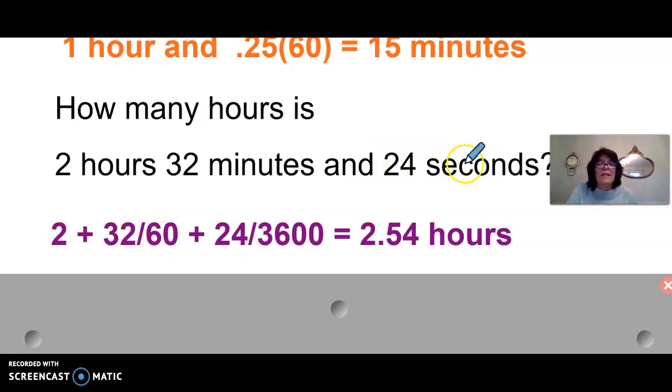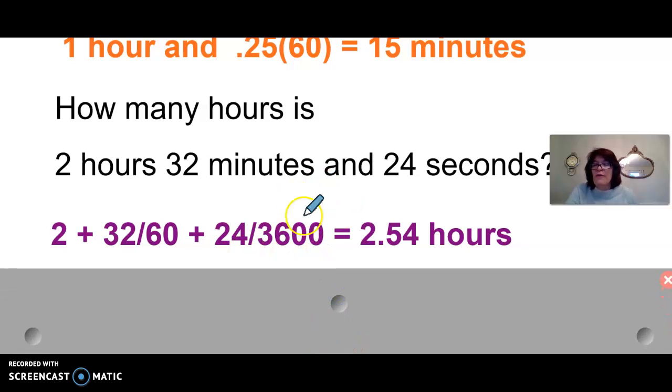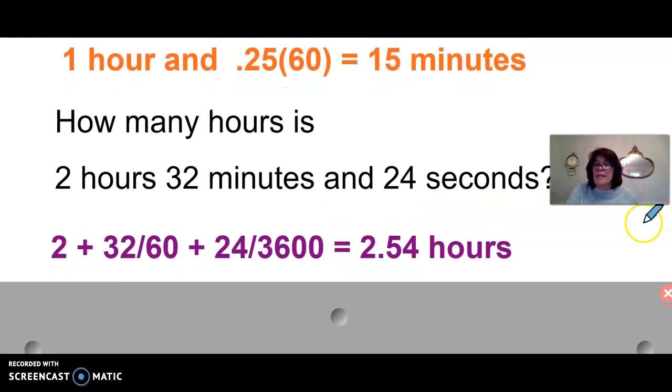I know that 24 seconds is 24/3,600ths of an hour, right? We do that math, we get 2.54. All right, gang, I'm running out of time. So I'm going to show you how this relates to degrees, minutes, and seconds.